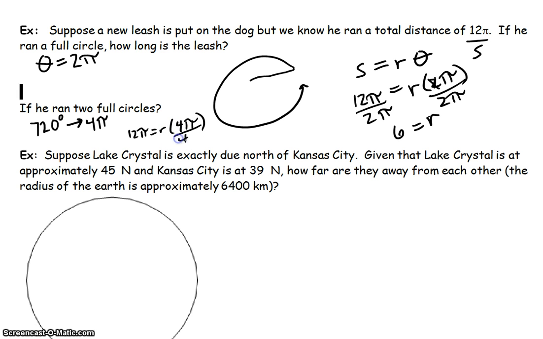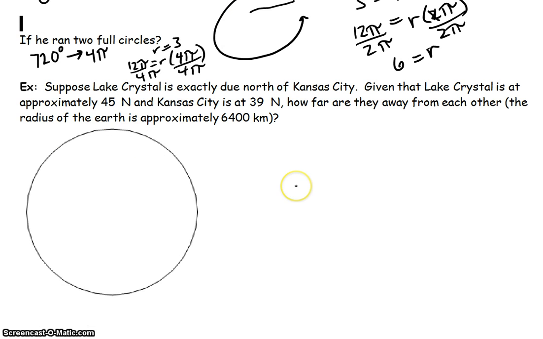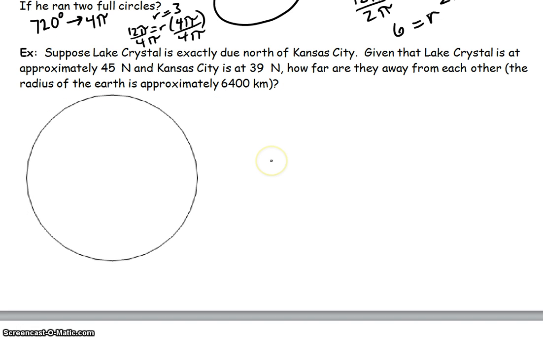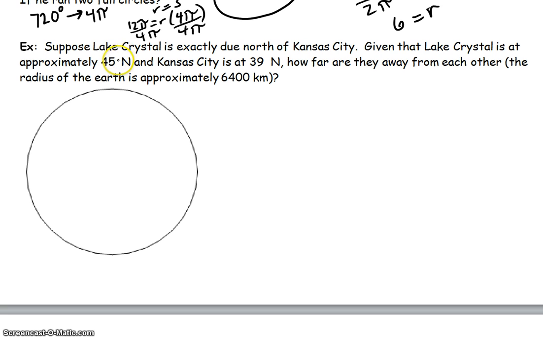So we divide by 4 pi, and the radius of this circle is going to be 3 feet. So this formula, the arc length is equal to the radius times your angle in radians, is going to be helpful. And you might look at this next question and say it has nothing to do with this, but I'll explain to you how it's actually structured.